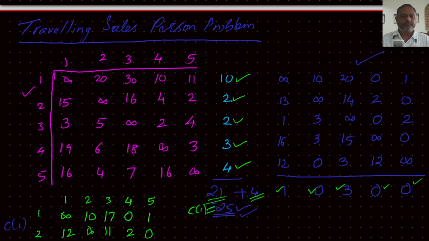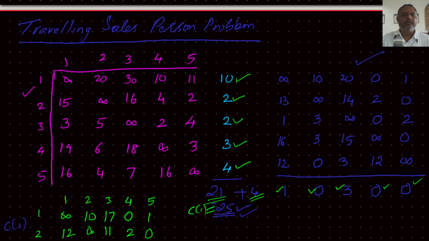Therefore, C of 1, 4 will be C of 1 to 4 plus C of 1 plus C dash of 4. If you look at 1 to 4 in this matrix, it is 0, then this is 25, and then this was 0, so that makes 25. So 1 to 4 is 25.